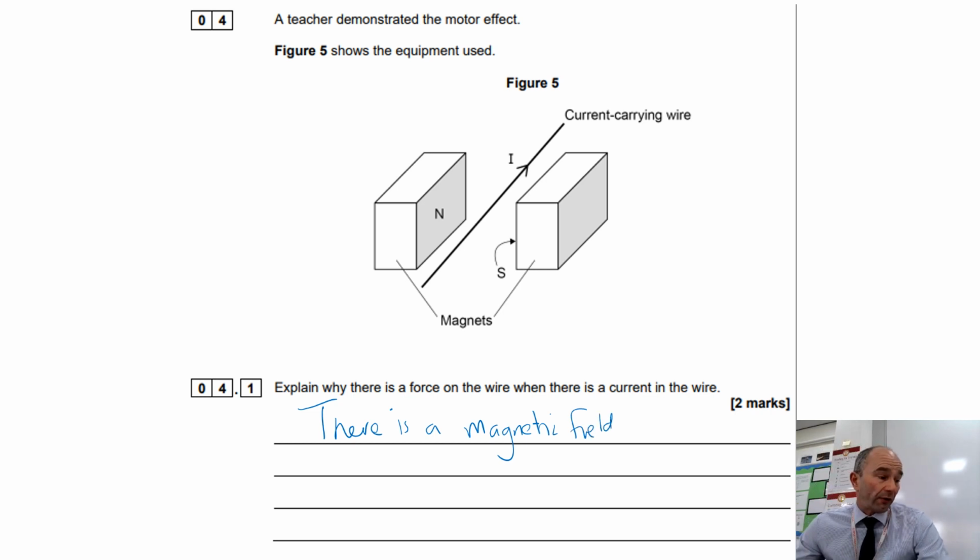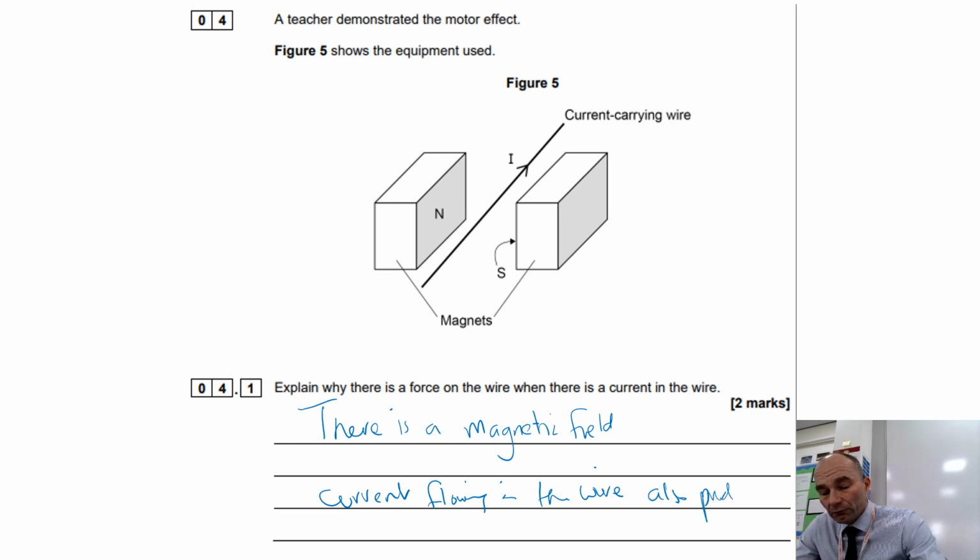So we have a magnetic field, and then the current flowing through the wire also produces a magnetic field. And it's that combination which causes there to be a force on the wire.